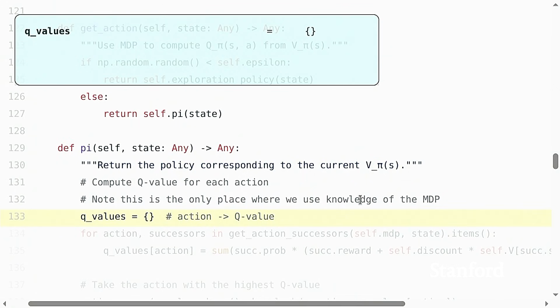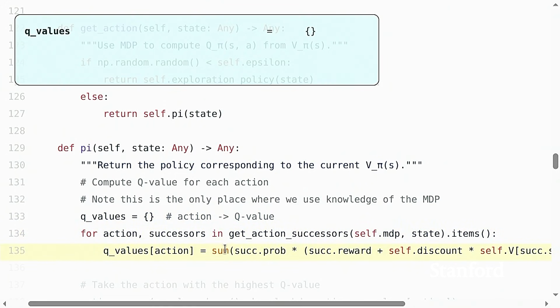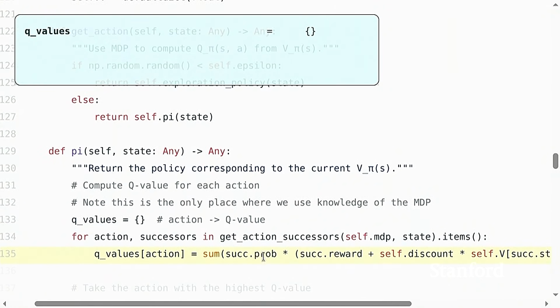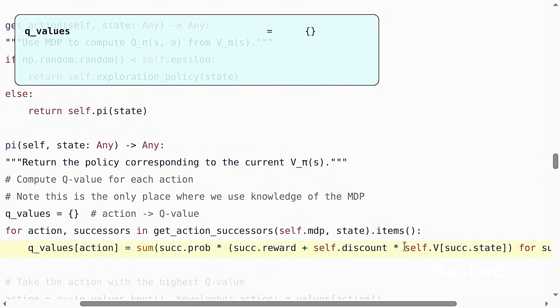I'm going to compute the q values, because I only have v. So for every action, I sum over all the possible successors of that action, weighting by the probability of that transition times the immediate reward plus the discounted future reward.